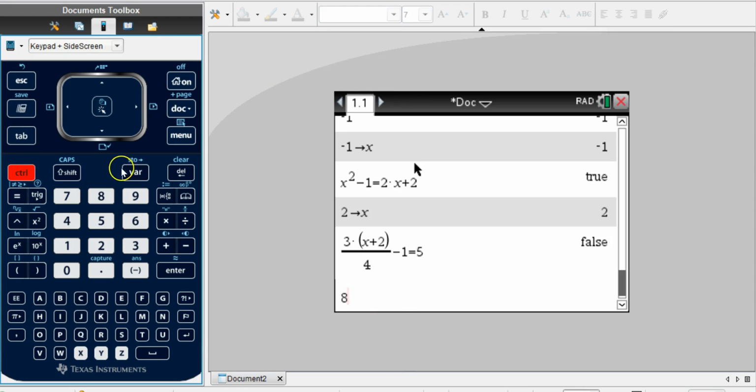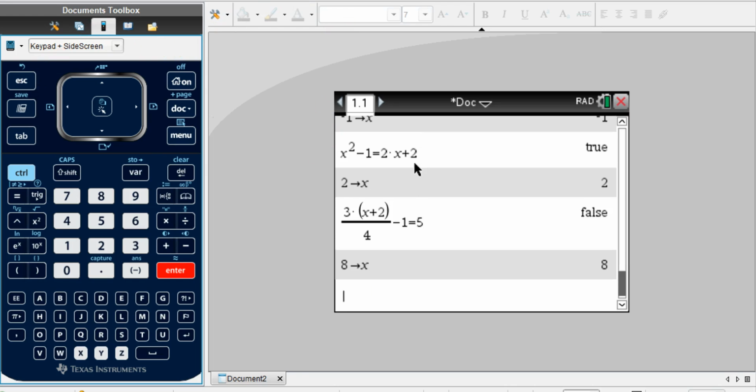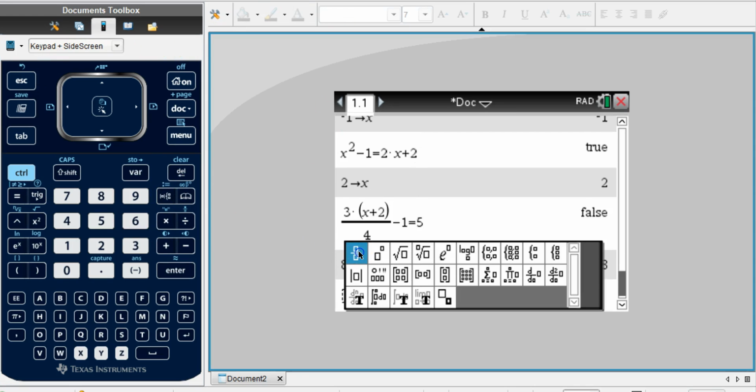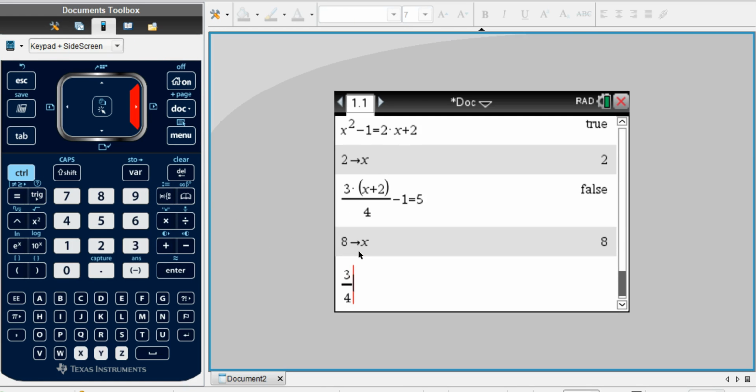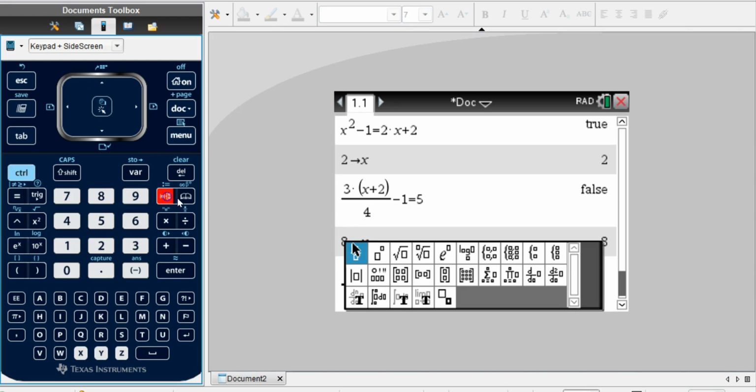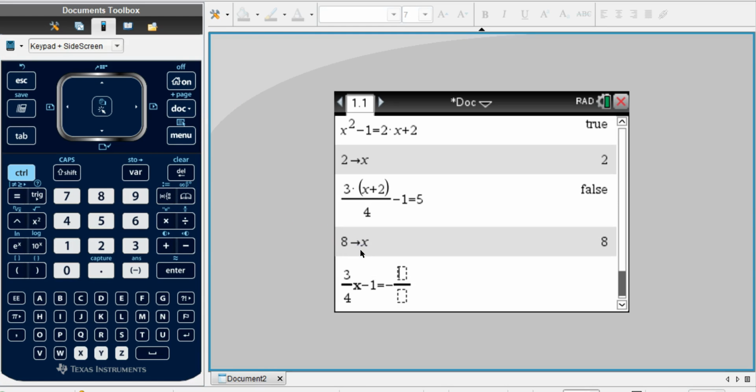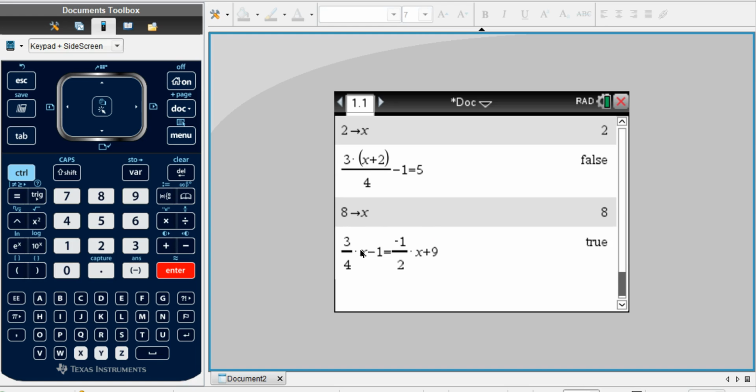So now we got 1 false, 1 true. 3/4 x minus 1 equals. Jensei, make sure you put minus 1, not negative 1. That'll goof you up. 1/2 x plus 9. True.